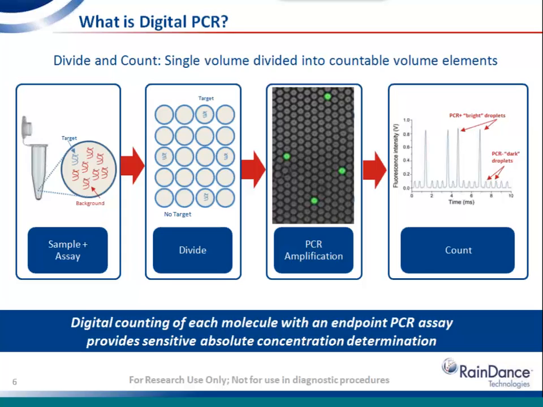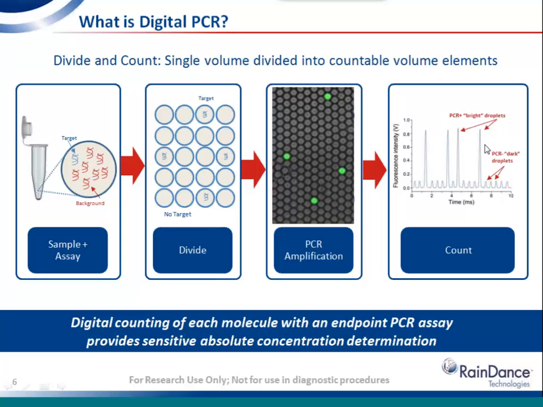Once you've divided the sample, at that point you use endpoint PCR to turn these single molecules into a countable compartment. At that point, it's simply counting. The number of bright compartments equals the number of initial molecules in your sample.